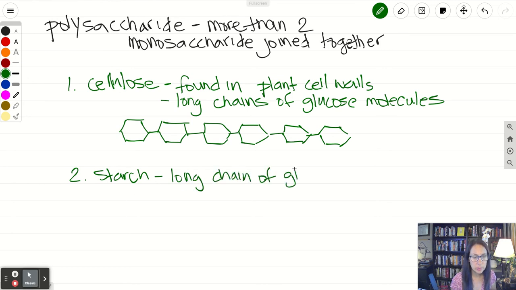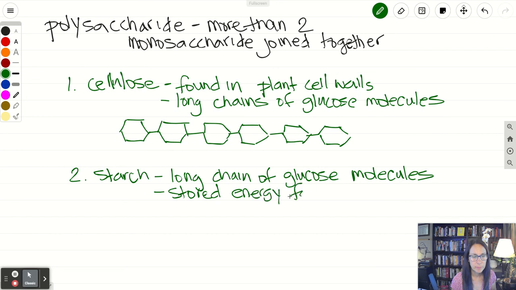So all 3 of these are going to be long chains of glucose molecules. And this is stored energy for plants. Okay, and so it's long chains of glucose molecules, and the best example for starch are potatoes.